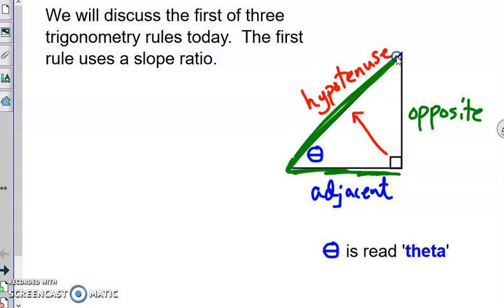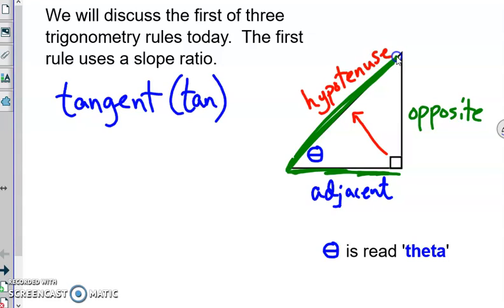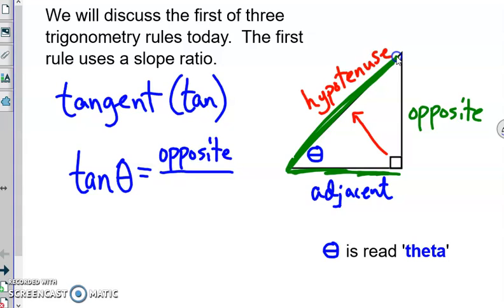The rule we're going to be talking about again is tangent. Your calculator will abbreviate that as TAN. The tangent of our angle is equal to the ratio of the opposite side over the adjacent side.